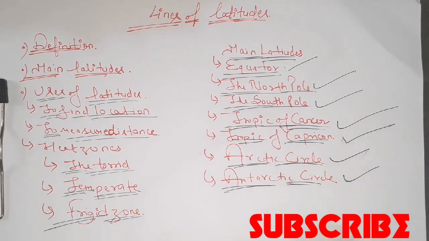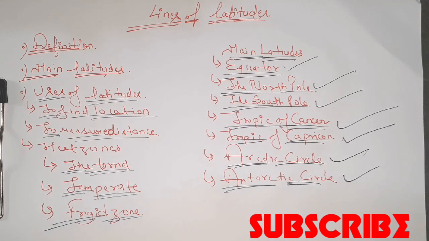Now we will deal with these. There are 181 parallels of latitude, at 1 degree interval from each other. How many? 181, at an interval of 1 degree. The Equator, as we have seen, is the longest line of latitude and represents 0 degree latitude.